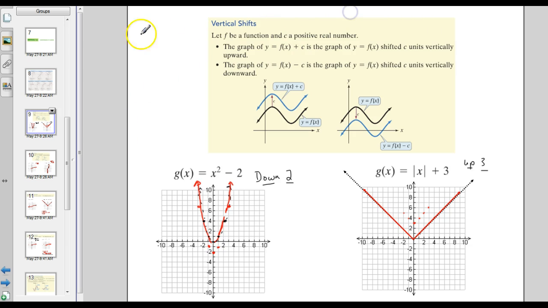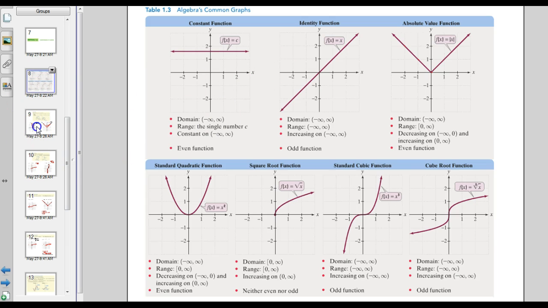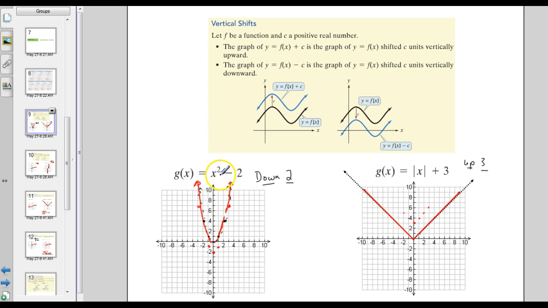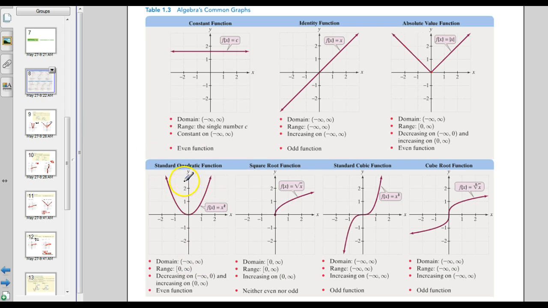All right, so the first type of transformation we're going to talk about is the vertical shift. A vertical shift happens when we add a constant to some base function, one of these functions on the last page, after that base function operation. For instance, y equals x squared, or f of x equals x squared, was one of our base functions.